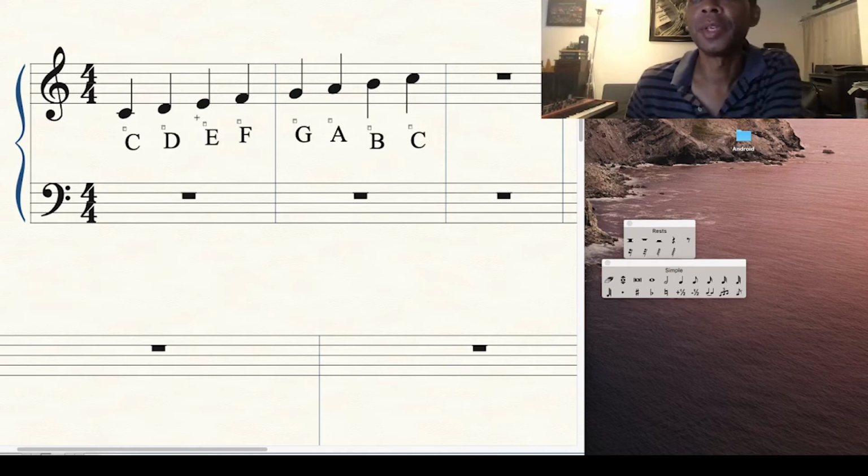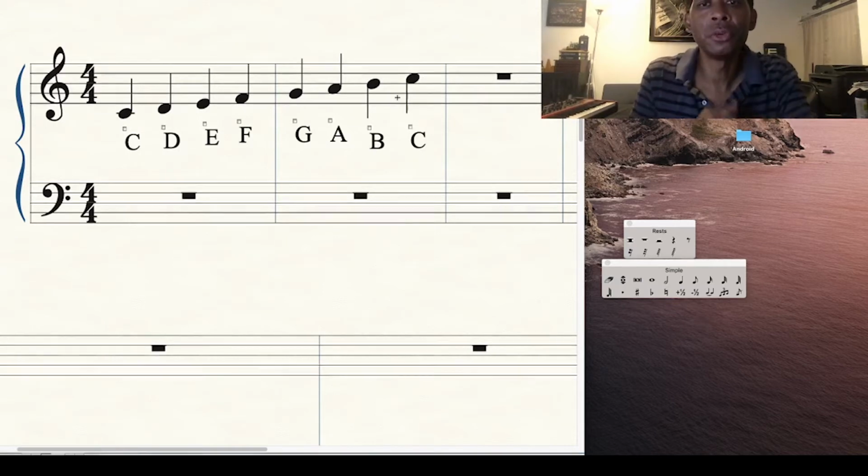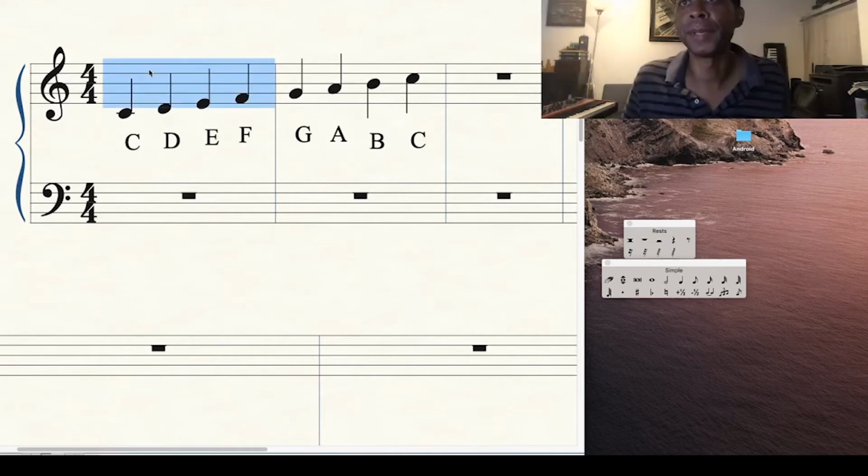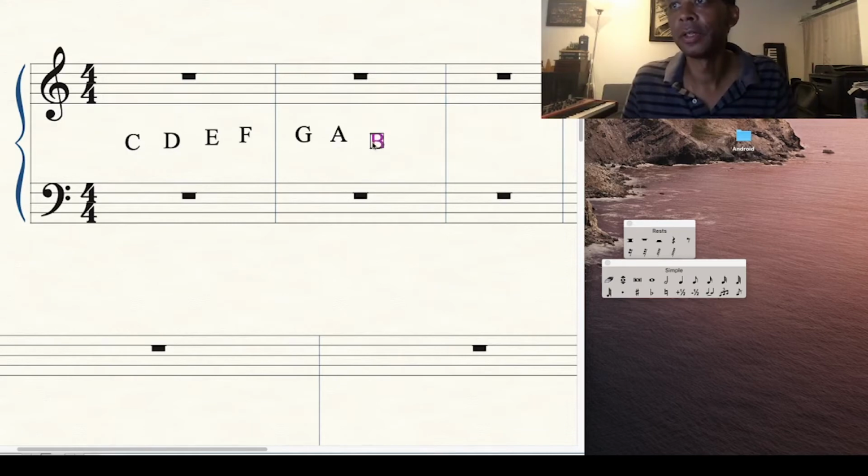C, D, E, F, G, A, B, C. So how do you remember stuff like that? There's a couple of ways to help you remember it. One way we're going to go through here is, instead of looking at all the lines and being overwhelmed, let's delete this.